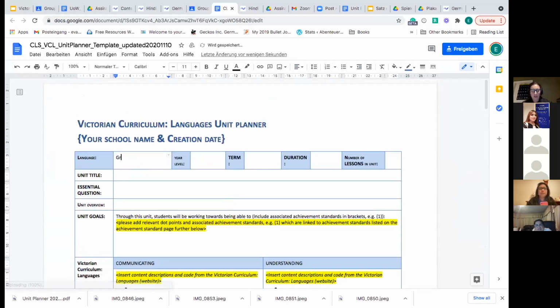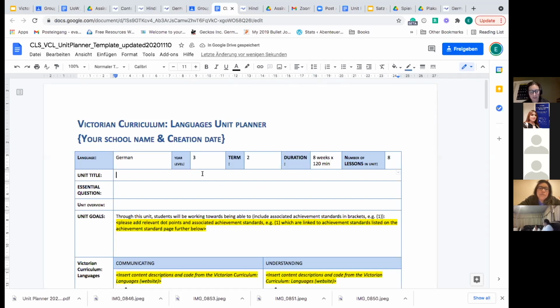Our language is German. The year level is 3. We will do that in term 2. And the duration will be 8 weeks times 120 minutes. And the number of lessons will be 8.